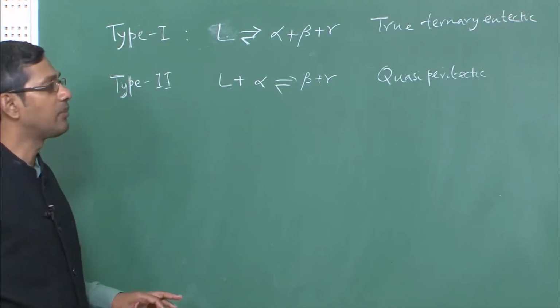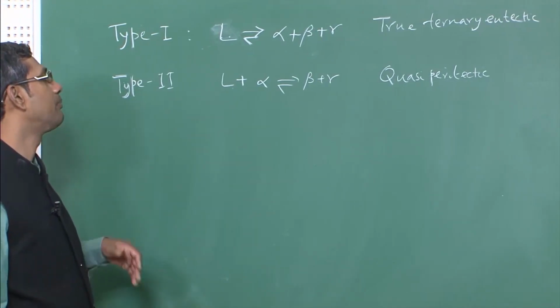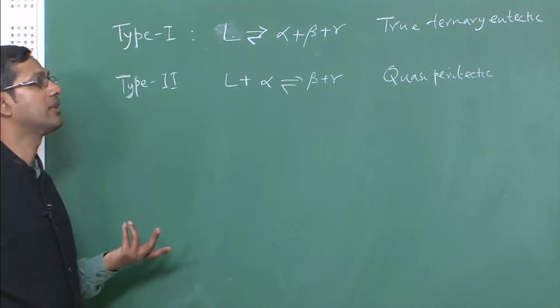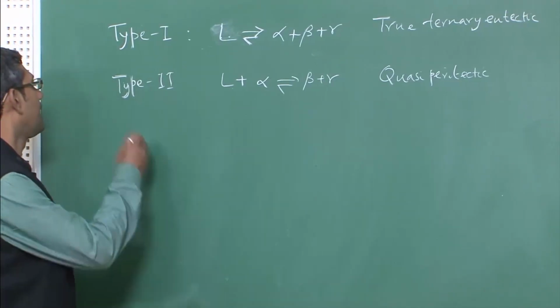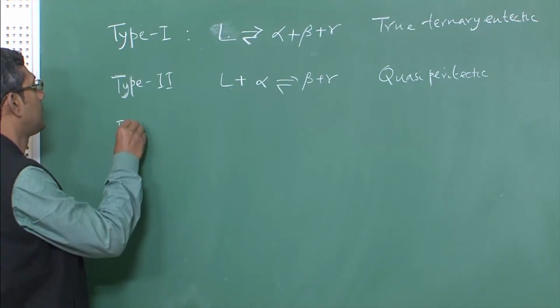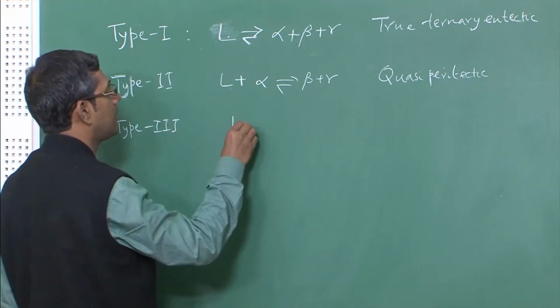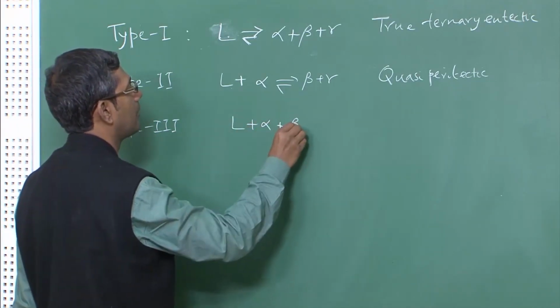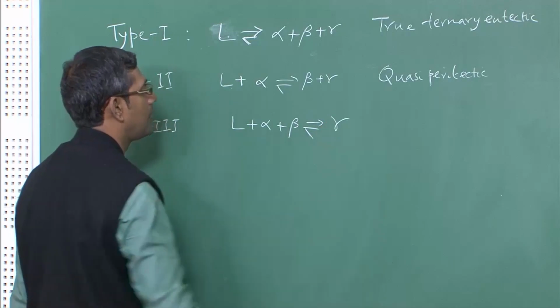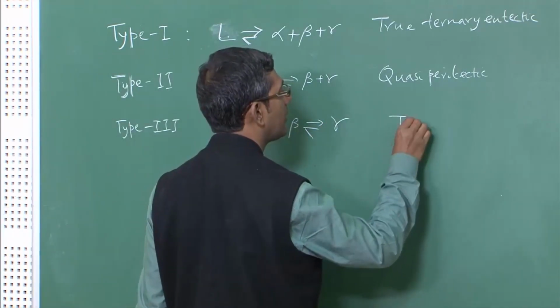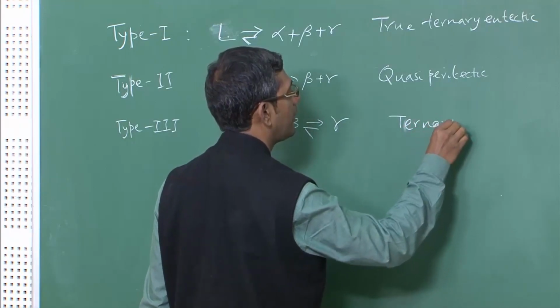This reaction is neither peritectic nor eutectic, that is why we call it a quasi peritectic. A third type is the perfectly peritectic, the ternary peritectic.